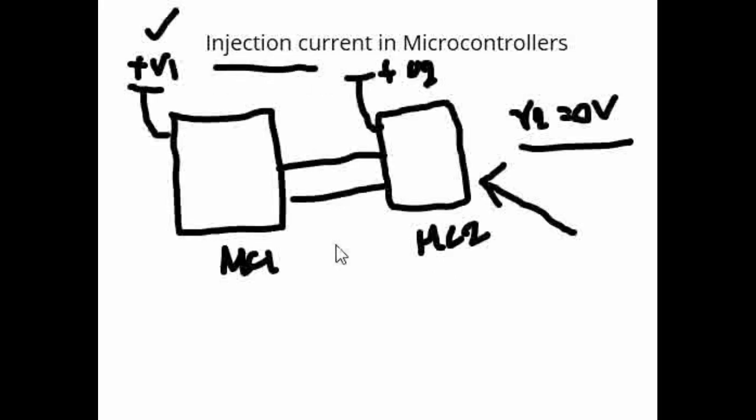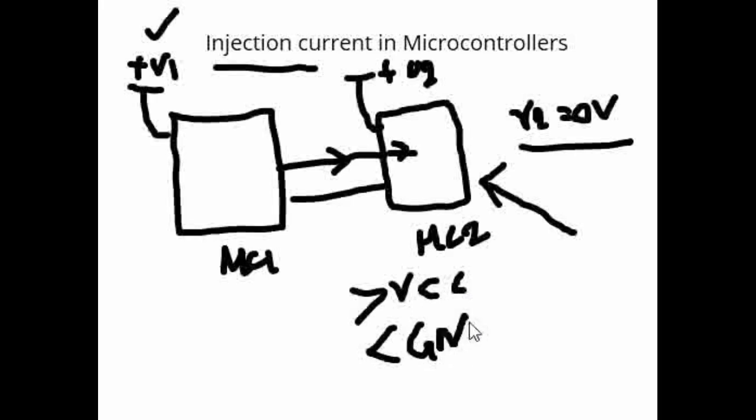Injection current is nothing but the current that flows into the pins of a microcontroller when the voltage applied on the pin is either greater than the VCC value of that particular microcontroller, or less than the ground potential. In such a case, the pins on the microcontroller might have protection diodes.